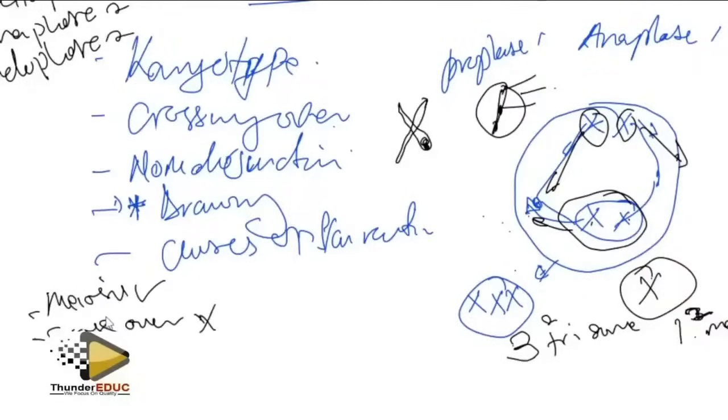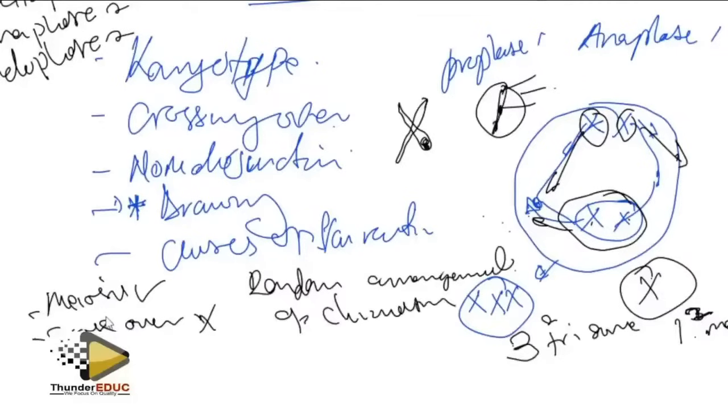Then it's going to say random arrangement of chromosomes during metaphase. We're going to say yes, but no. Why are we crossing it when it's correct? It's because you mentioned here meiosis, and meiosis involves crossing over and random arrangement of chromosomes.